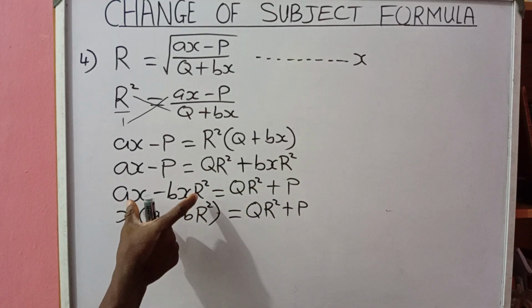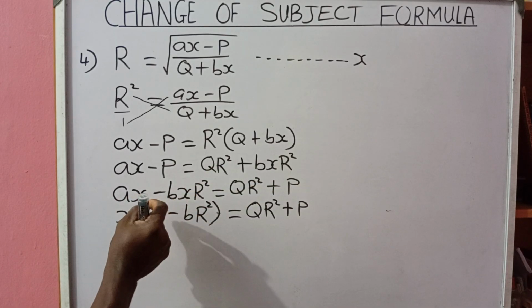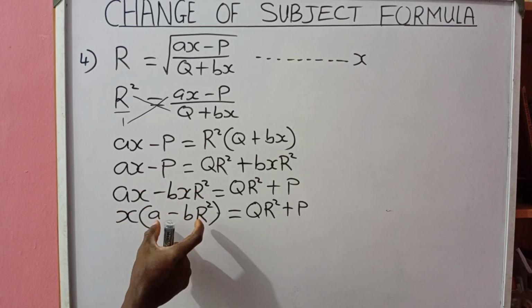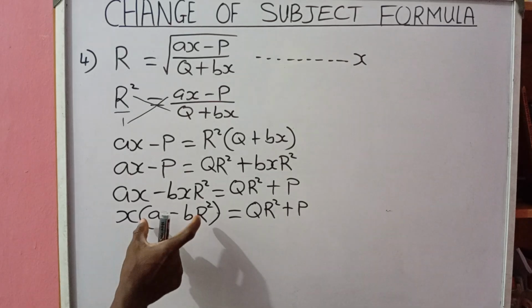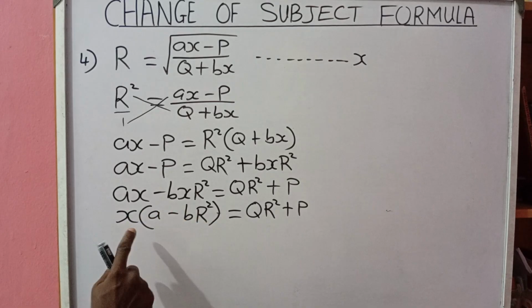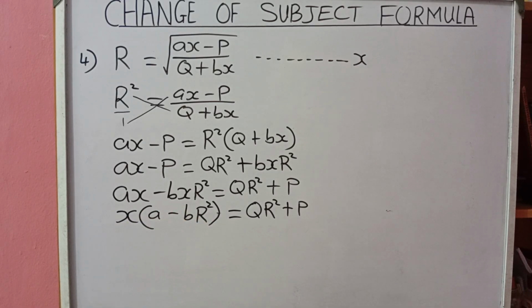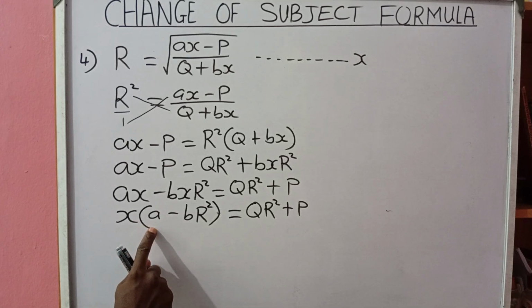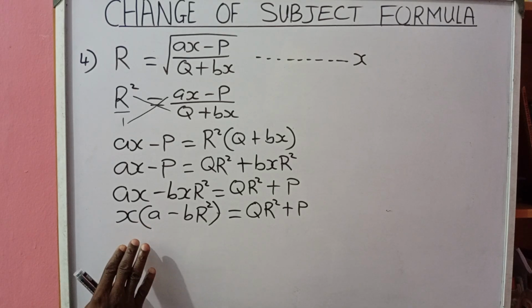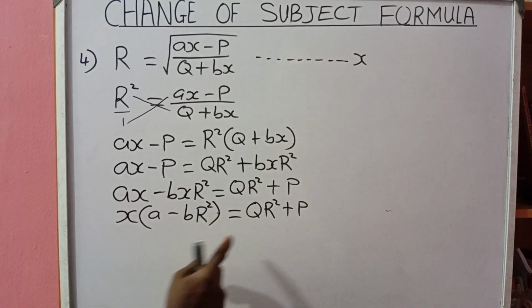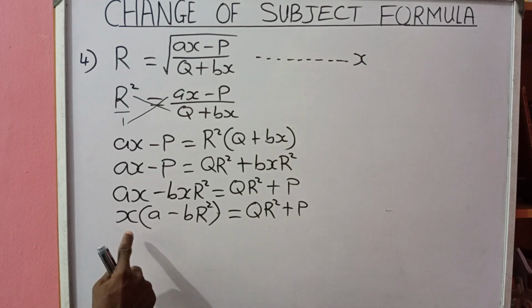Okay, so now what we have to do here is to factorize. Factorization here, we have to get something they have in common and leave others in bracket. All right, so that's exactly what we have been able to do here. So now we can see that we have 1x standing on its own. So the last thing we're going to do is to make sure that this x stands alone at one side. And what do we do about that? We have to divide both sides by the coefficient of x.